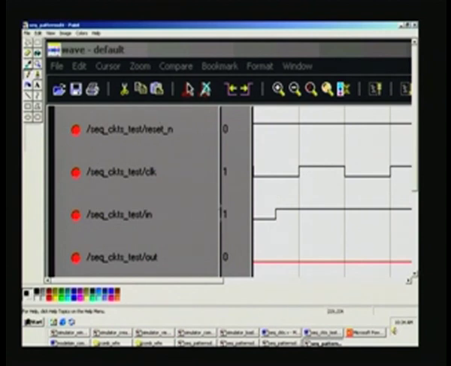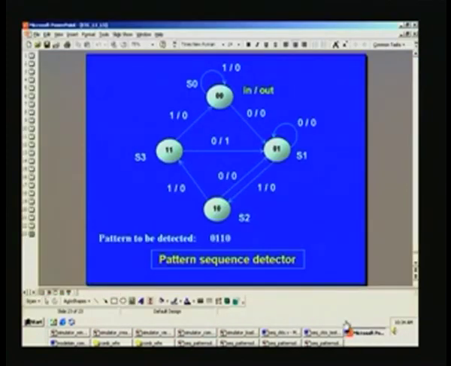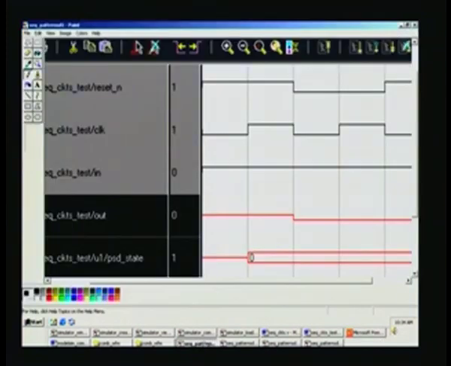We will have a look at the pattern sequence detector waveforms now, and this is what we have already seen. The very first waveform here, we have very few signals. There is a reset and clock as usual, and this is the input pattern that we apply, and the final output pattern emerges from out, and in what state it is is indicated by this PSD underscore state.